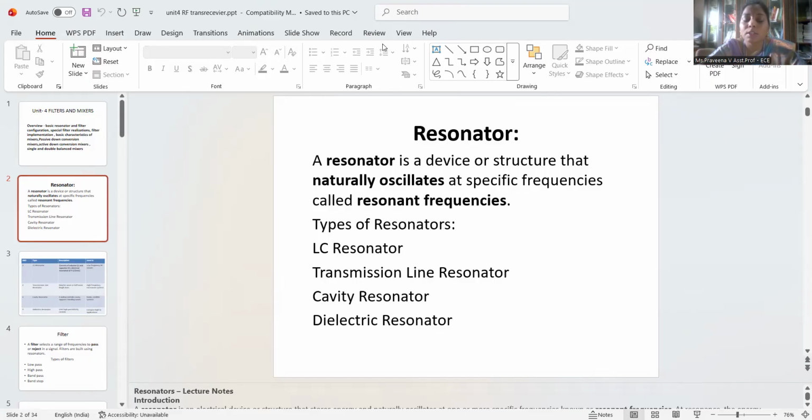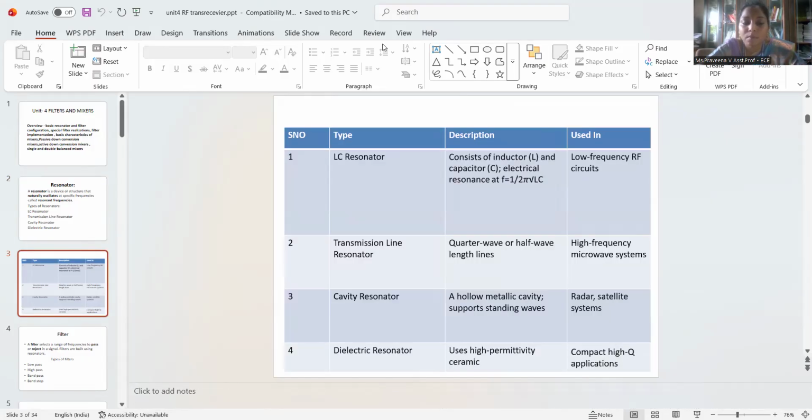Dielectric resonators offer a very compact size with excellent stability for modern wireless communication devices. Okay, that's the concept behind that. These are the types of resonators we have already seen in the previous slide itself: LC resonator, transmission line resonator, cavity resonator, and dielectric resonator.